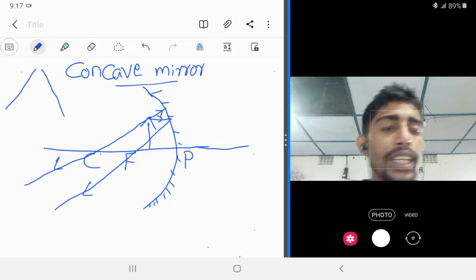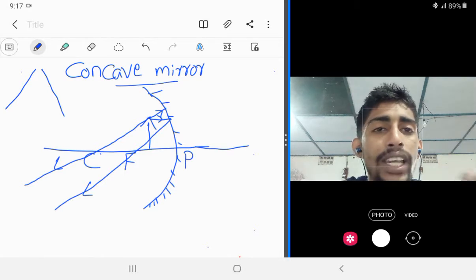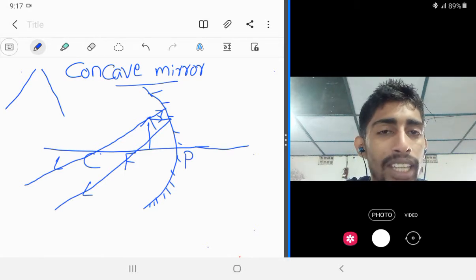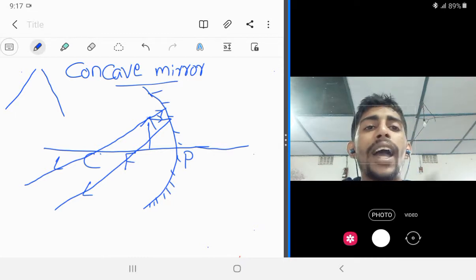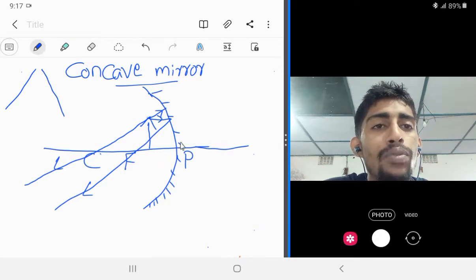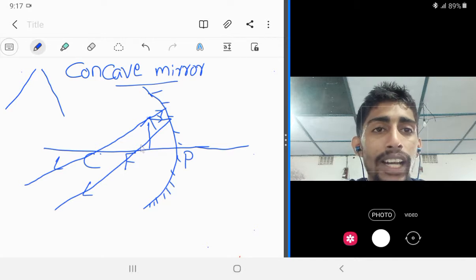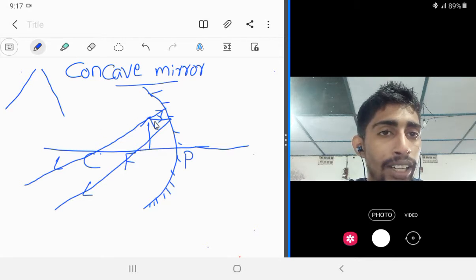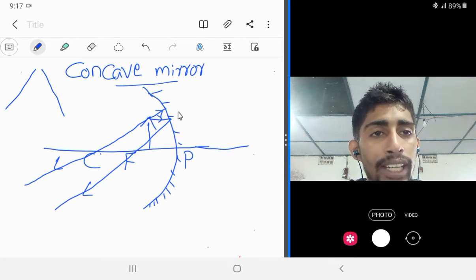So we can say that these two light rays will never converge at any point. So what will we do? In this case, we have to extend the reflected light rays, not the original light rays. We have to extend back the reflected light rays.